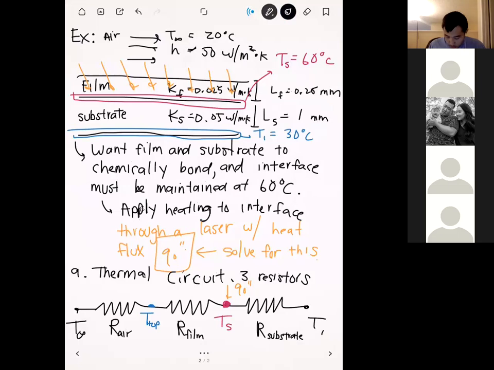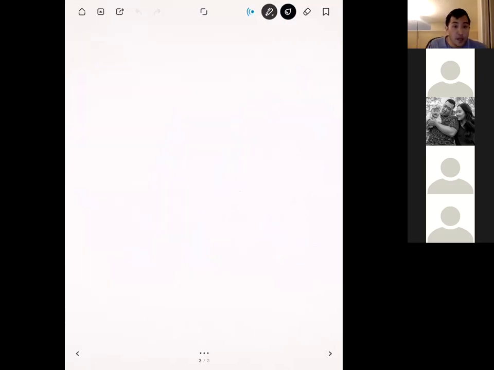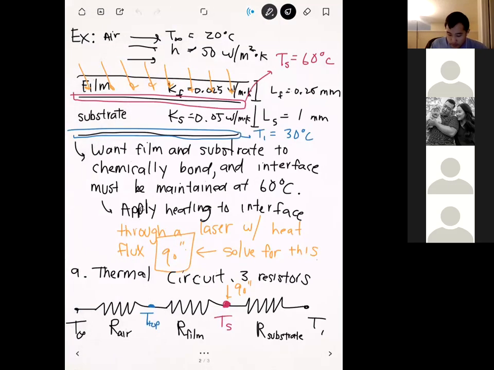Okay, so let's go ahead and start solving this. At this point we need to start using our circuit to compute the heat transfer. If we go back and look at our circuit, we know that TS is the highest temperature in our system, at 60 degrees.